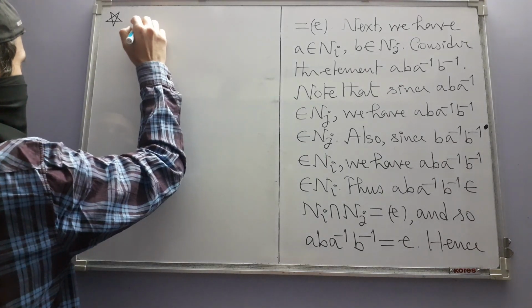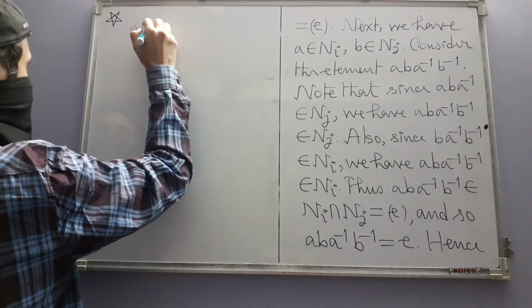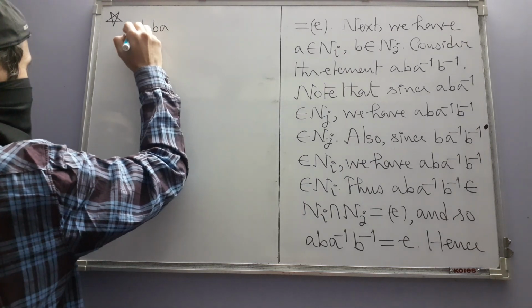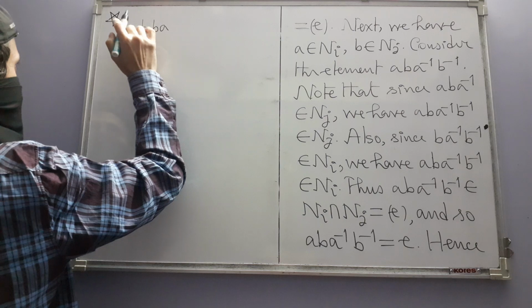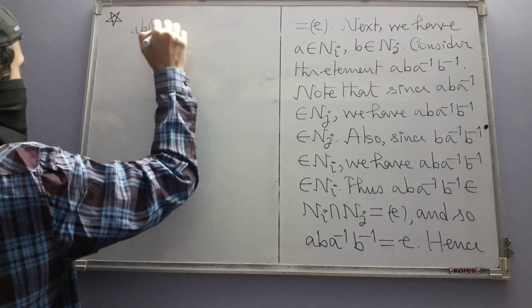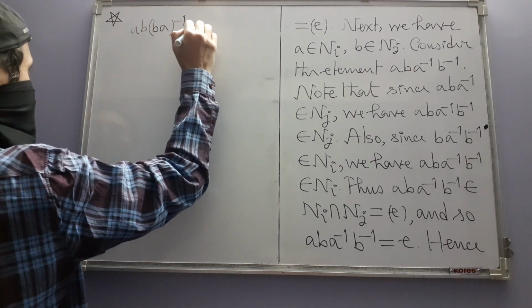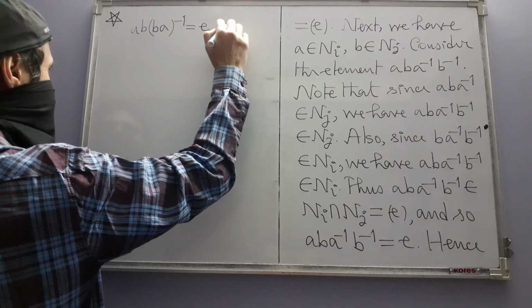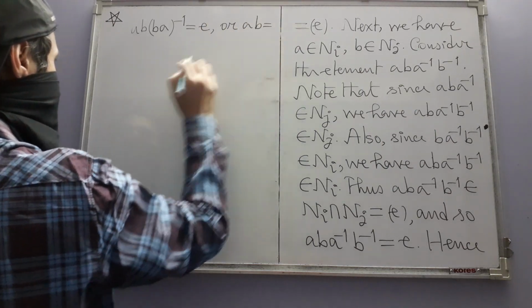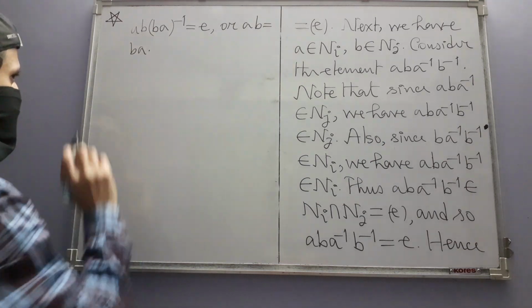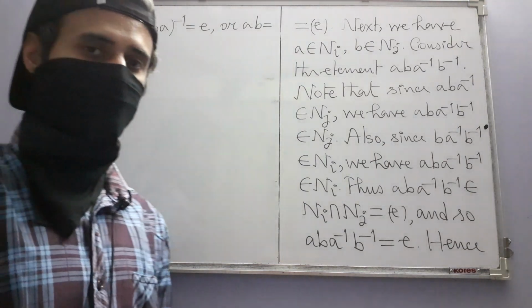Hence, AB BA inverse equal to E, or AB equal to BA, and this completes the proof of this level.